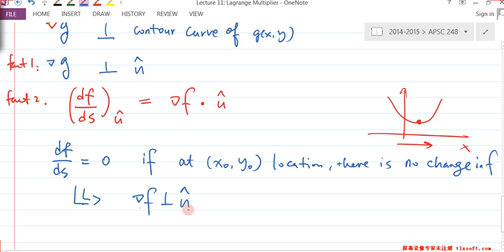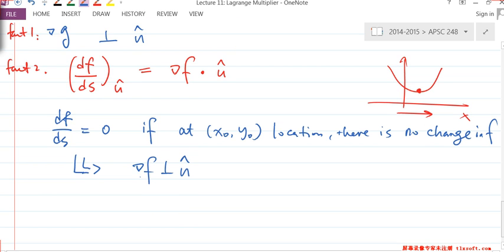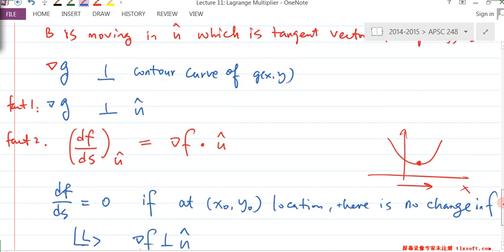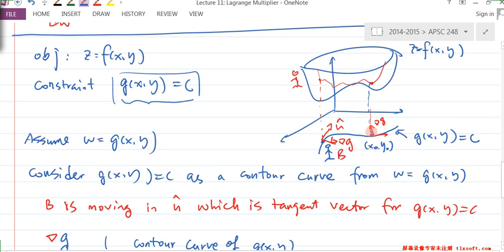So combining the two facts now. Fact number 1 here, fact number 2 here. Let's come back to this drawing. Del G is perpendicular to u hat always. Suppose that this is a location of min or max. If this is a location of min or max, what fact did we just find out?